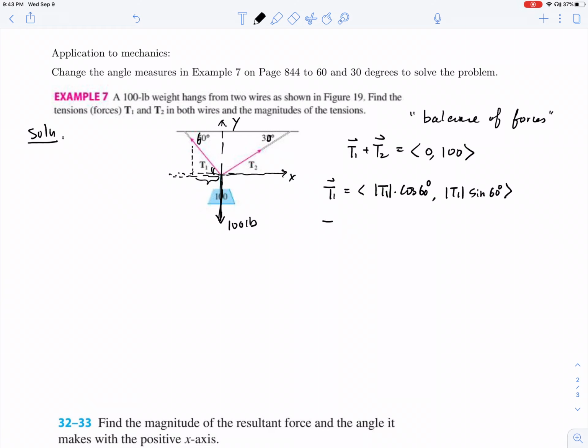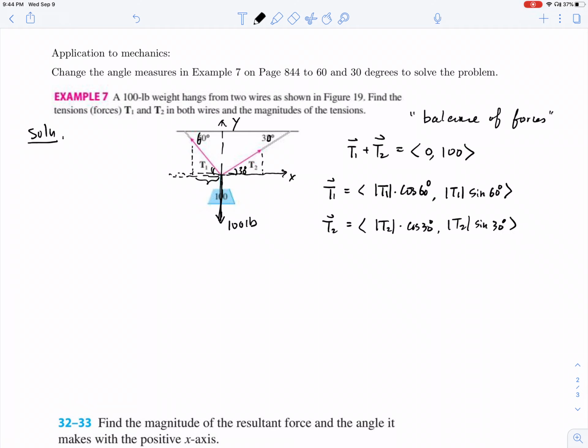Okay, and T2 we have two components, and that's exactly the same. T2 is going to be T2's magnitude, but this time we have cosine 30 degrees. You see over here is 30 degrees, right? It's parallel, 30 degrees. And the second one is T2 and sine 30 degrees.